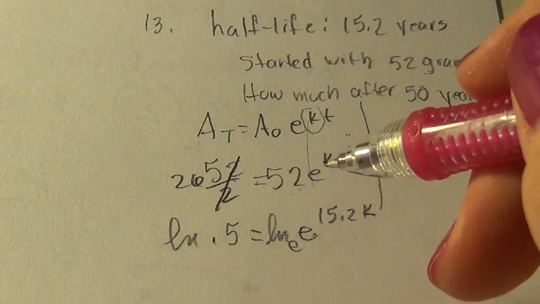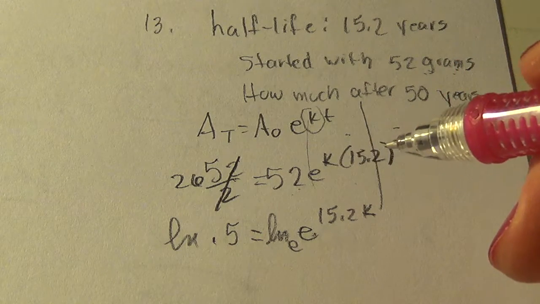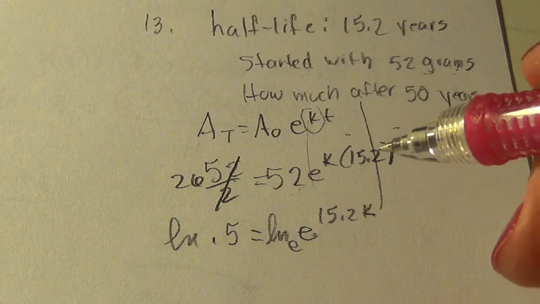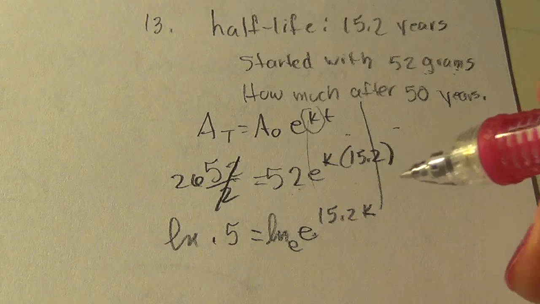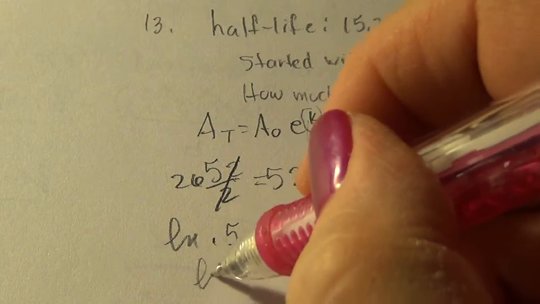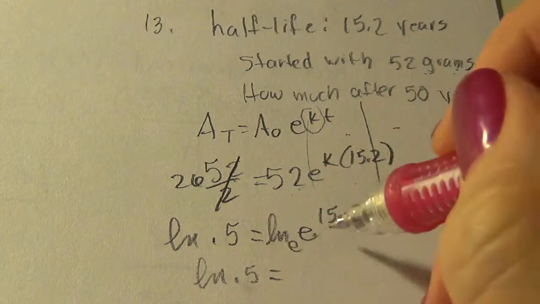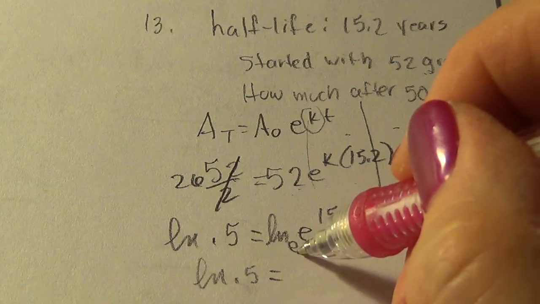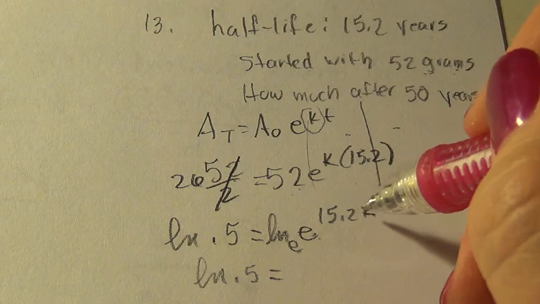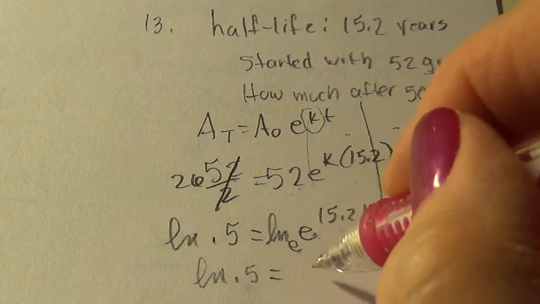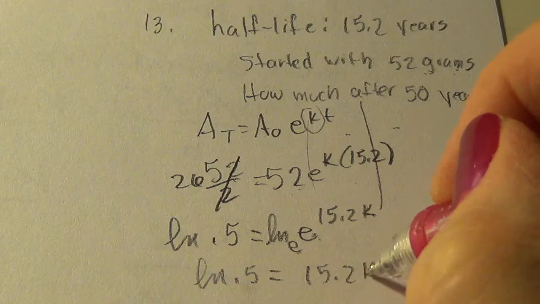ln of 0.5 equals, what exponent do I give e to get e to the 15.2k? 15.2k.